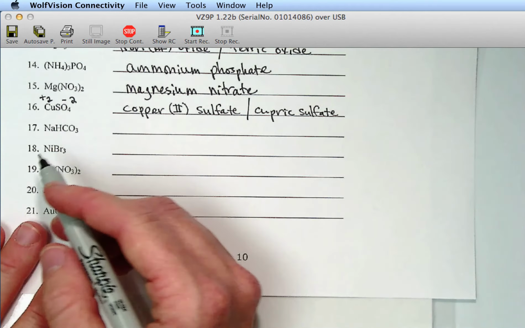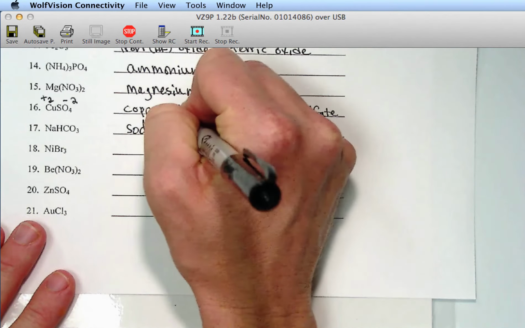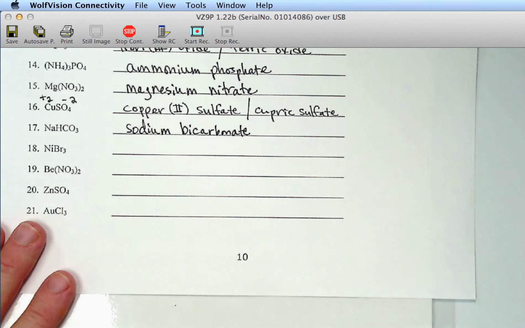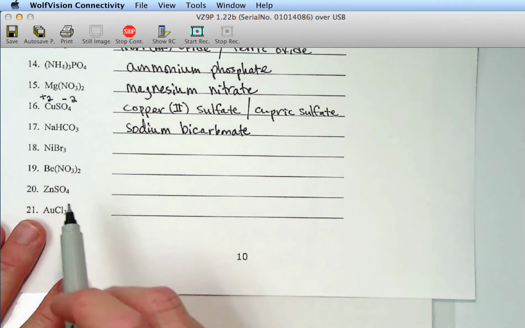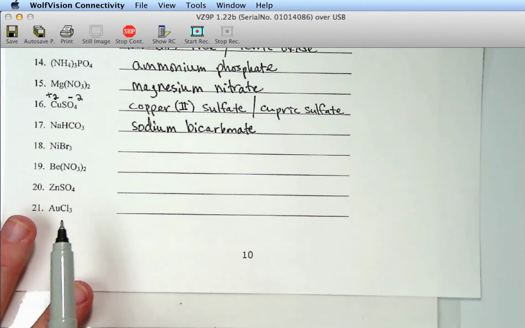This is sodium bicarbonate. Yes, sodium bicarbonate. That's good old baking soda.